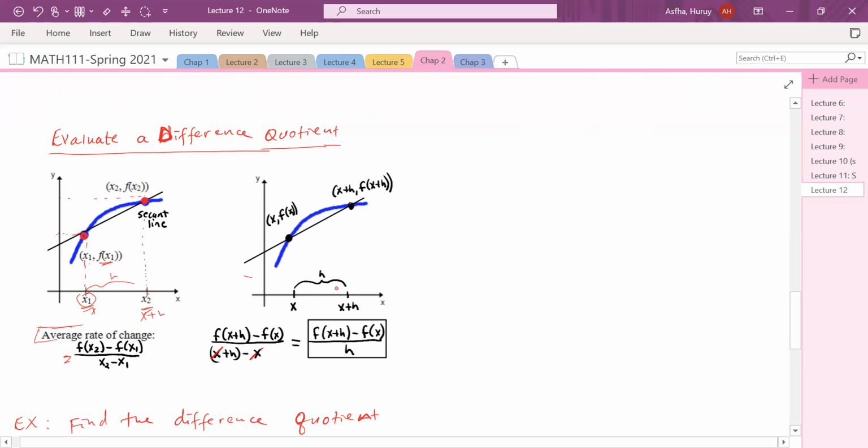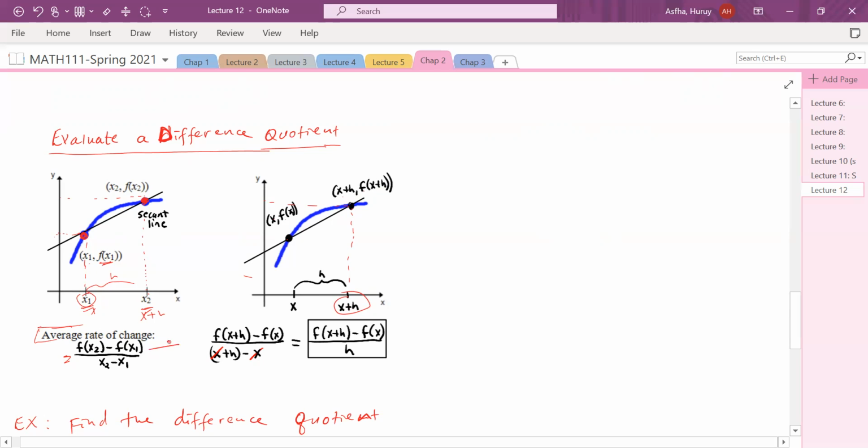So that's what we have here. So we have x values as x and x plus h, and then the points will be x comma f of x, and x plus h, which is this corresponding x value, and the y value at this point is f of x plus h, which means f evaluated at x equals x plus h.